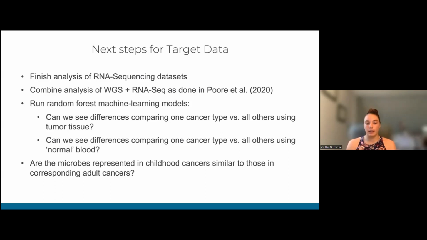And then finally, as I said before, we hope to identify if the microbes represented in childhood cancers are similar to those in corresponding adult cancers. So we can match a lot of these cancers up with things that were found in TCGA and see what microbes are at the top of this data set and what microbes are at the top of that data set, and determine if there are similarities or differences between cancer types there.